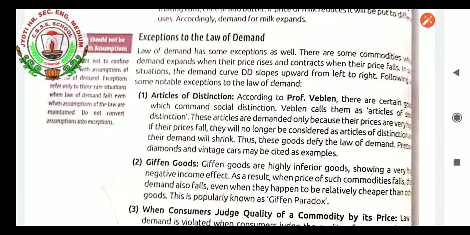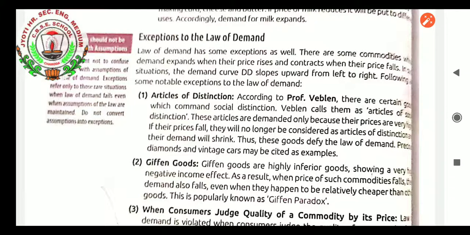For example, coarse grain: when income increases, demand for coarse grain will decrease instead of increasing. People will shift their demand from inferior to superior goods. That is an article of distinction. These goods defy the law of demand, meaning they are against it. Precious diamonds and vintage cars may be cited as examples.